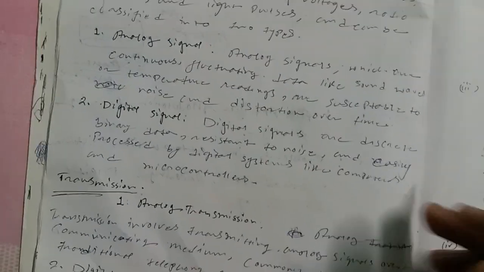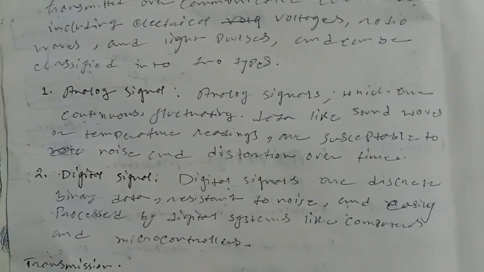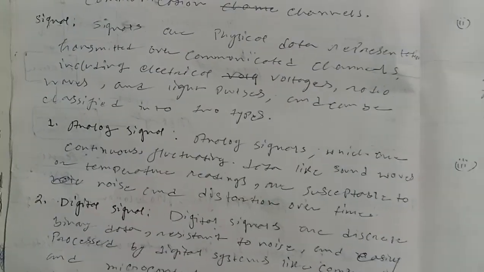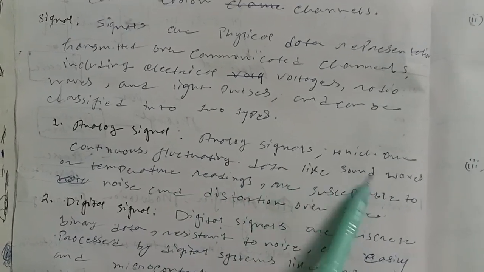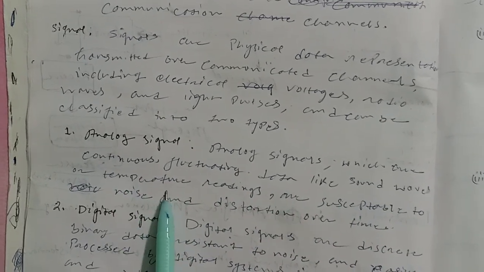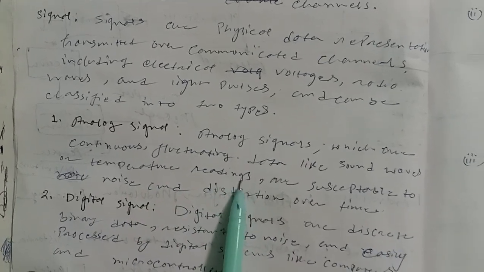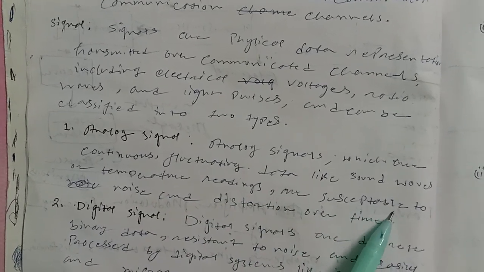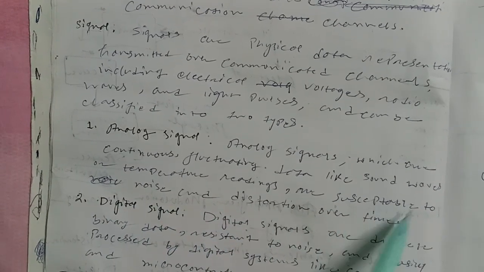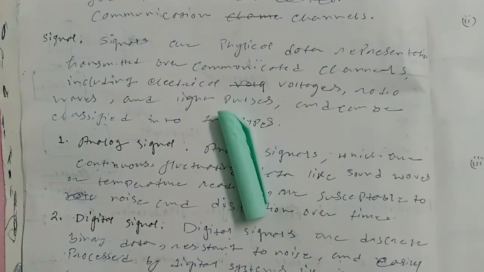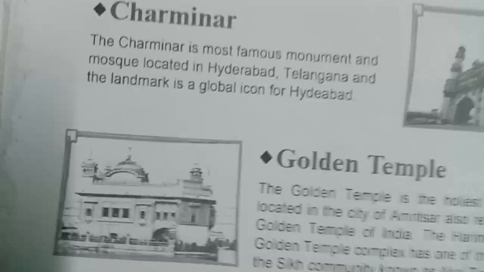Let's see what an analog signal is. Analog signals, which are continuous fluctuating data like sound waves or temperature readings, are susceptible to noise and distortion over time. So basically, analog signals are continuous signals. They are not discrete signals.